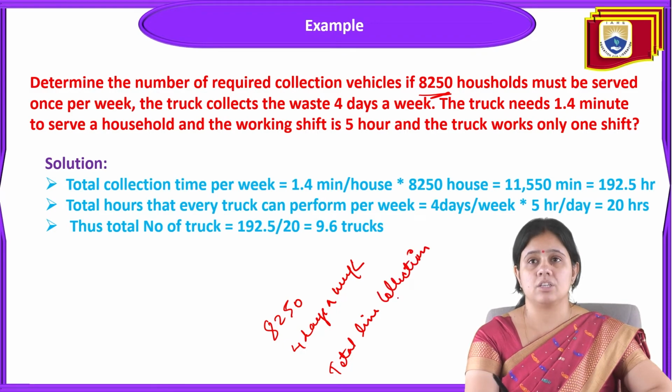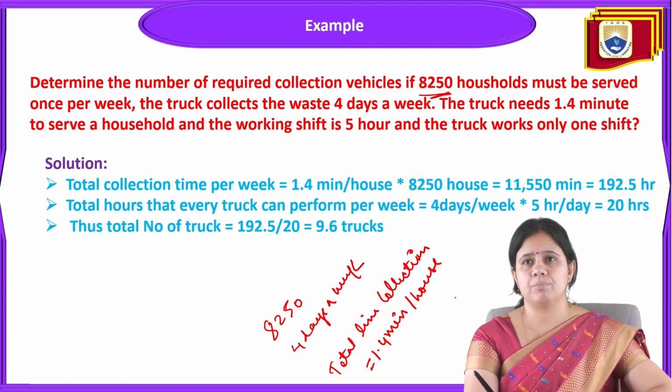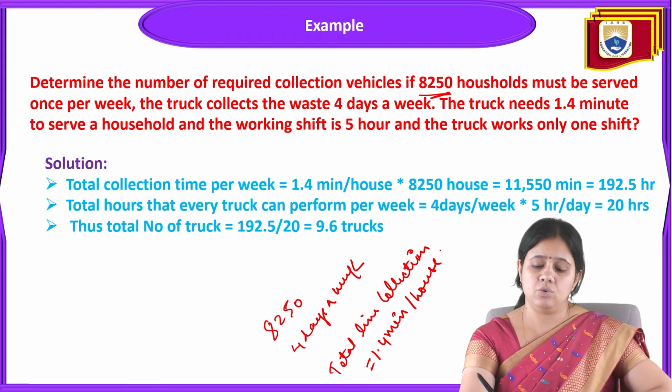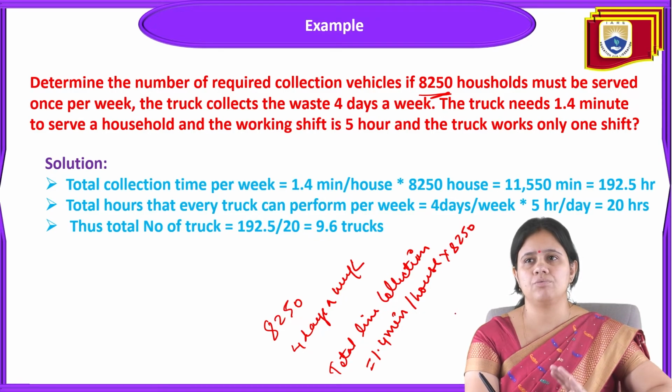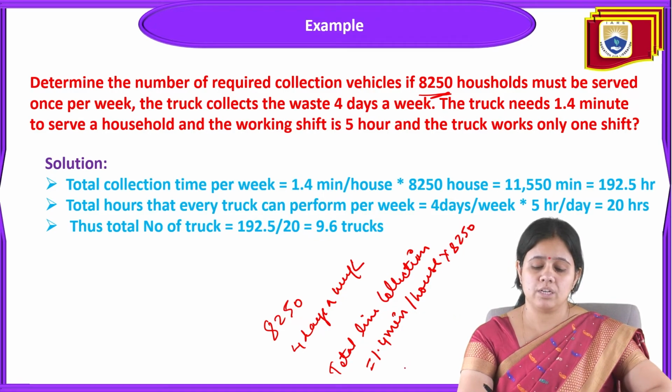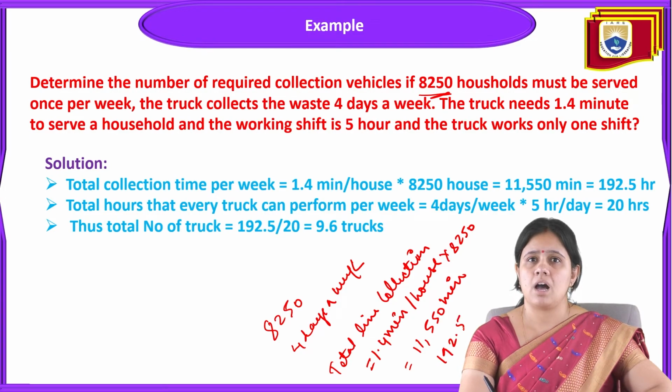Total collection time is equal to 1.4 minutes per house. Per house, it will spend 1.4 minutes, into 8250, as it is already given that 8250 households are there. So it equals 11,550 minutes, which means 192.5 hours.